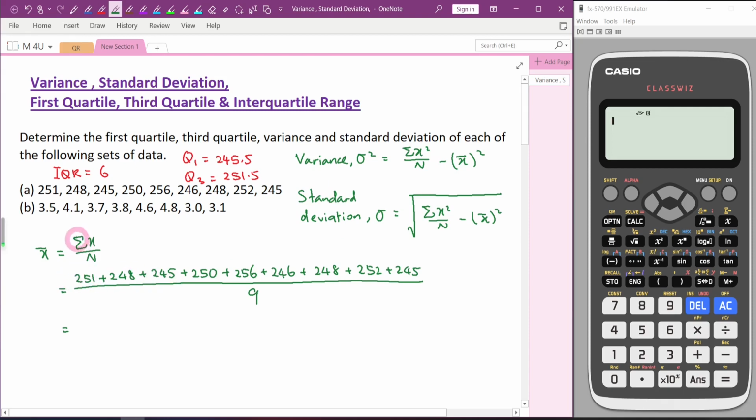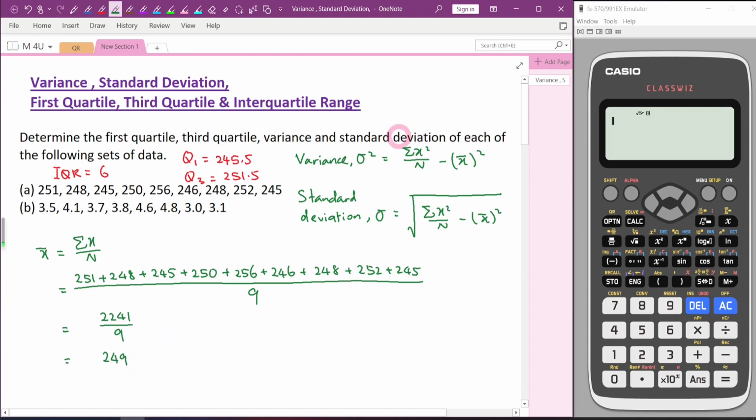Okay, the summation of x is equal to 2241, divided by 9. Just press our calculator. Is equal to 249. Okay, this is the mean.